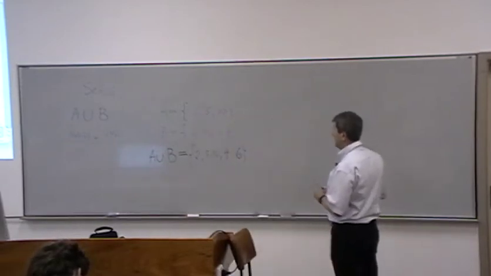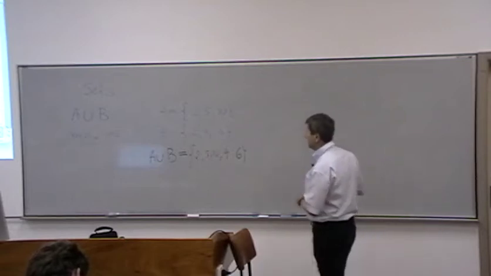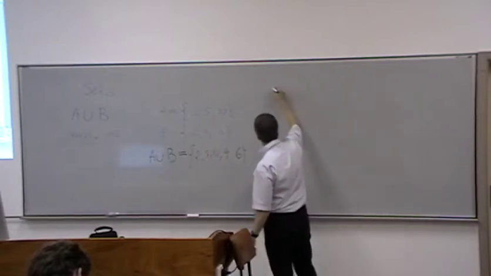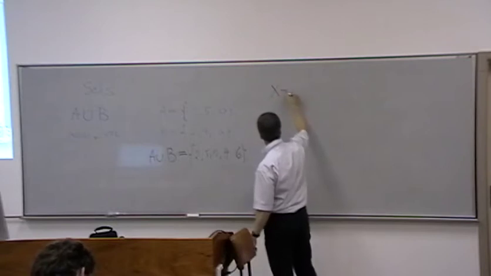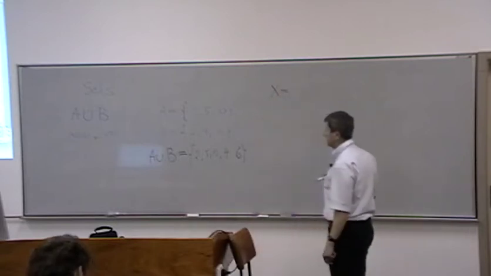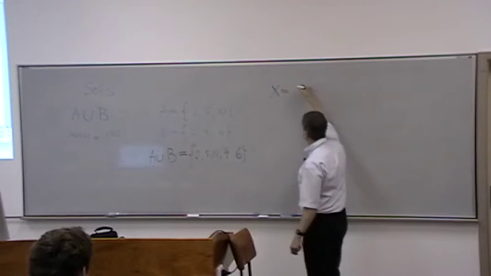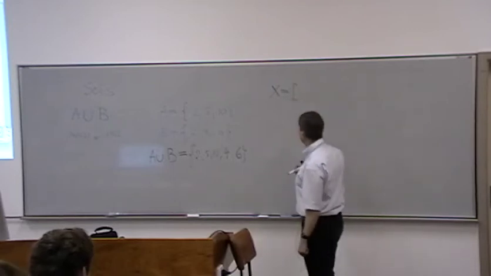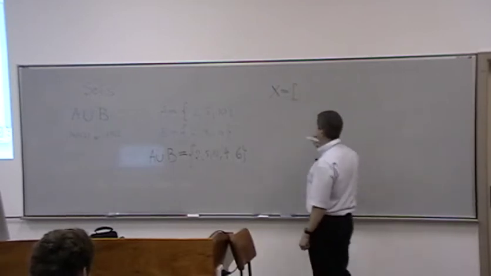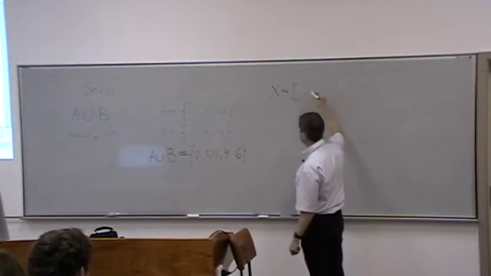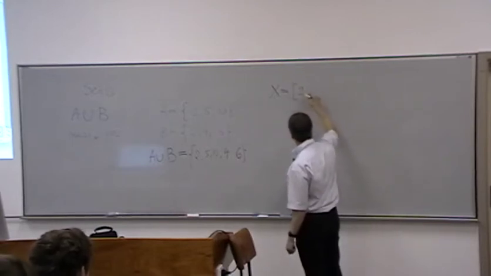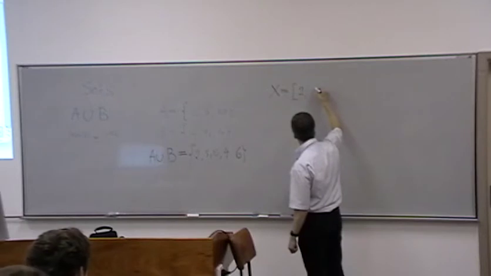Now, yesterday I also considered a different kind of set, say using a different letter, X instead of A, using different kinds of brackets, the square brackets, say from 2 to 6.